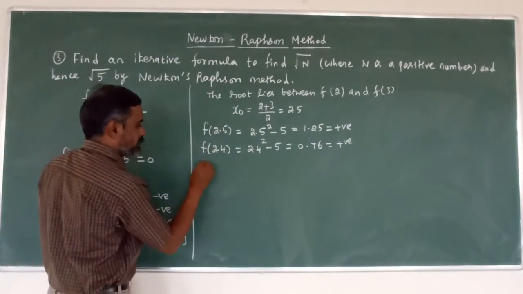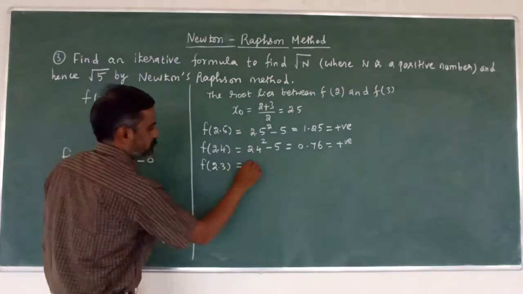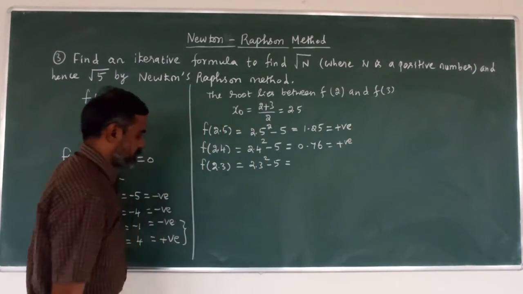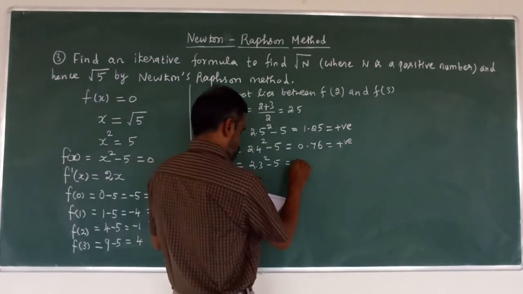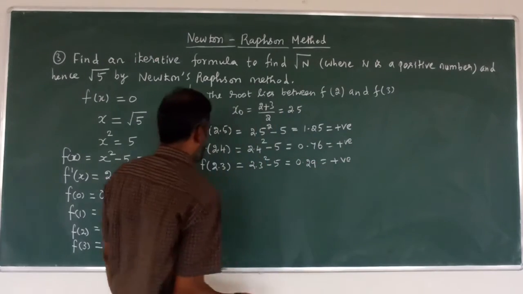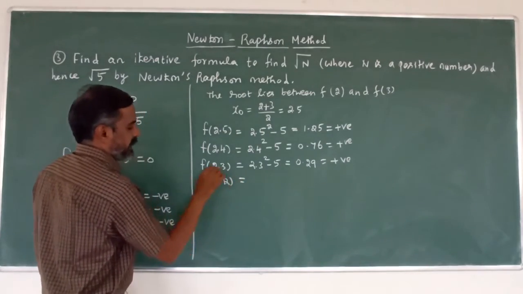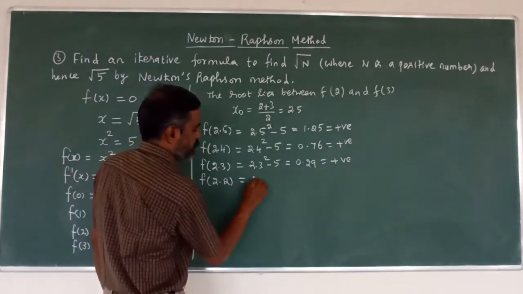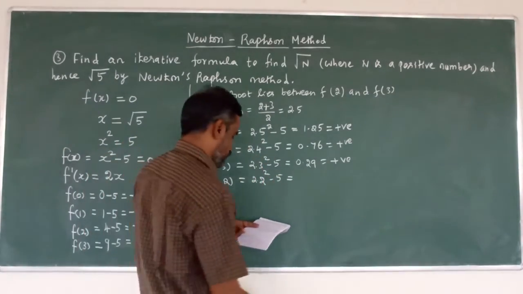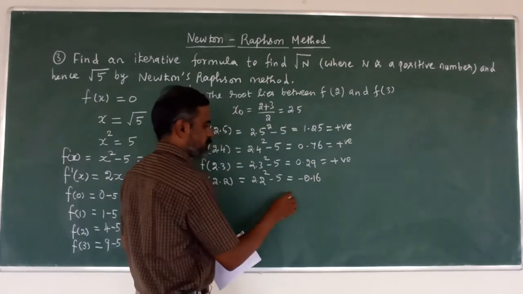So again to decrease x value to 2.3: 2.3 square minus 5 equal to 0.29. This is also positive. Now to decrease x value to 2.2: 2.2 square minus 5 equal to minus 0.16.